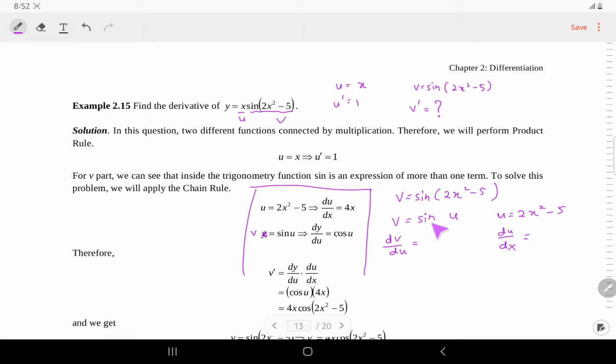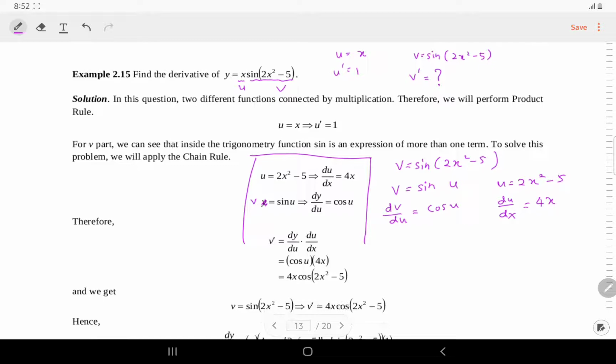So differentiate sine u, it will become cos u. And differentiate 2x squared minus 5, it will become 4x. Okay, and then to find v prime, tadi kita nak cari v prime kan. So our v prime is dv over du multiply with du over dx.